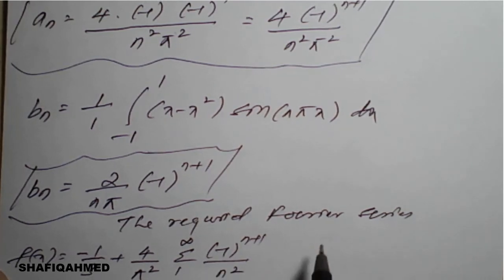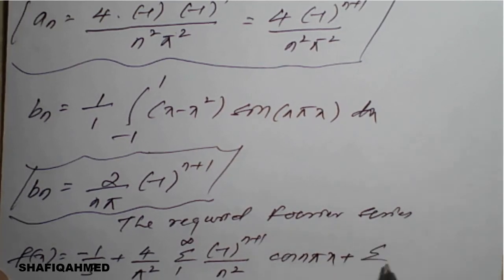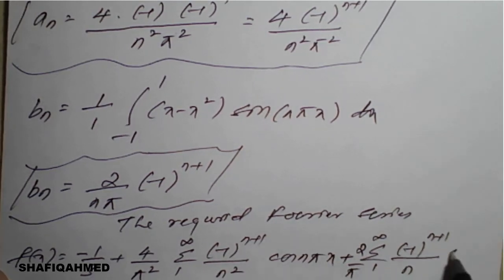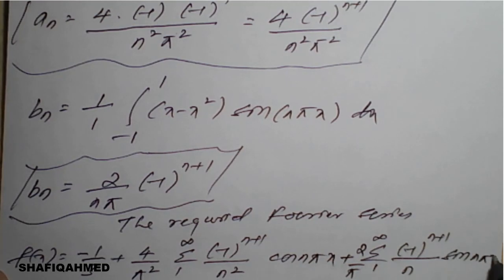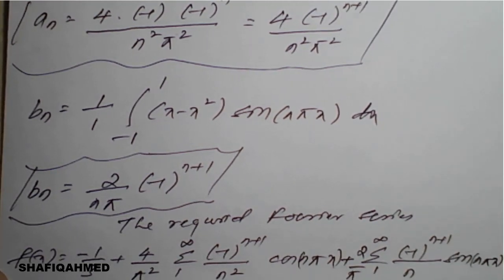I am rearranging and writing finally, you cross check, cos of n pi x plus summation, so 2 upon pi will come here, 1 to infinity minus 1 raised to n plus 1 all divided by n into sine of n pi x. So this is the required Fourier series.